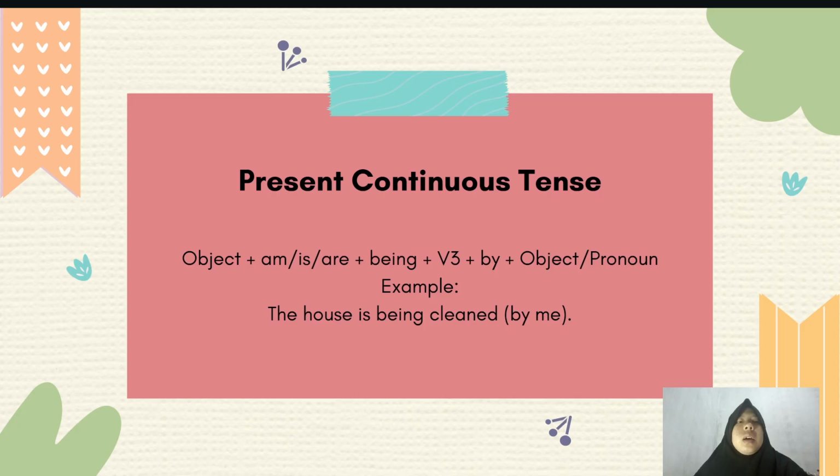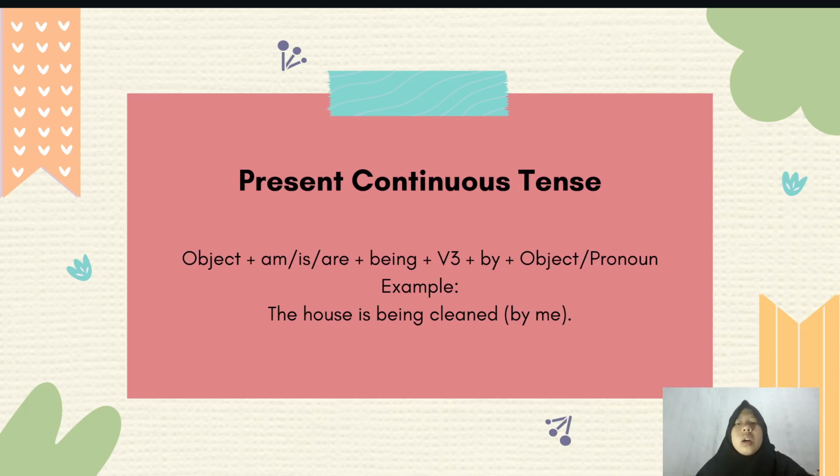This passive construction is useful when you want to focus on the action being performed in the present, especially if the performer of the action isn't central to the message you want to convey.